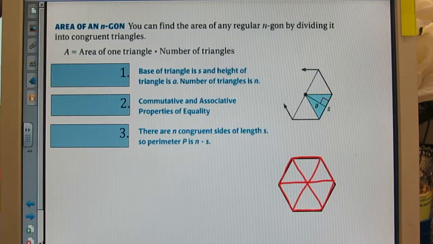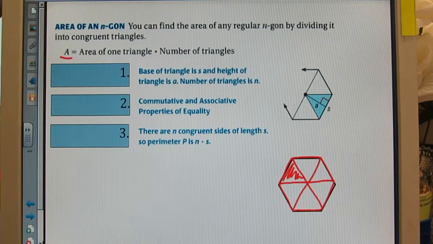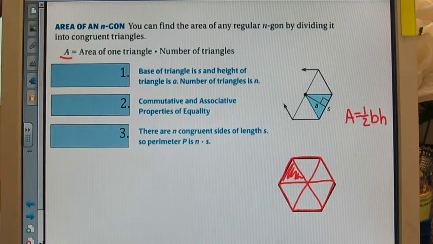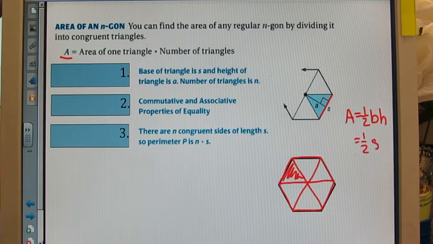So if I find the area of one triangle and multiply it by the number of triangles, then I have my total area. And remember that the area of a triangle is going to be 1/2 base times height. Well, the base of my triangle is going to be S, and the height of my triangle is going to be the length of the apothem.